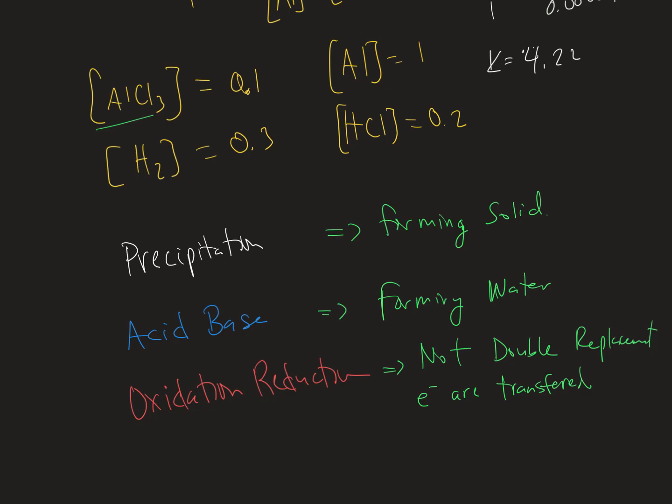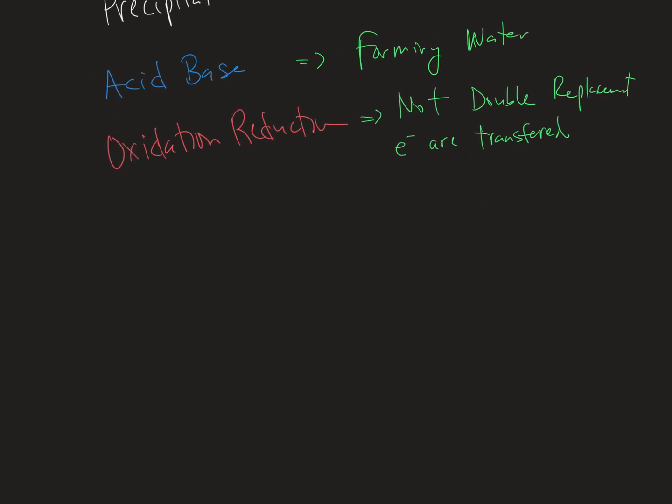So, spectator ions are ones that stay aqueous, they stay dissociated. Do you wanna do one? So if we have NaOH plus MgCl2, these are aqueous. Do you understand why they're aqueous? Because sodium is a group 1 ion, it's always soluble.